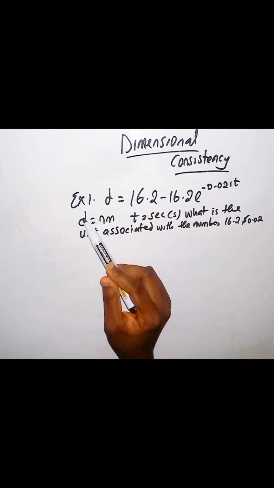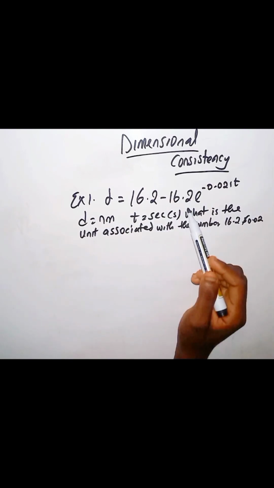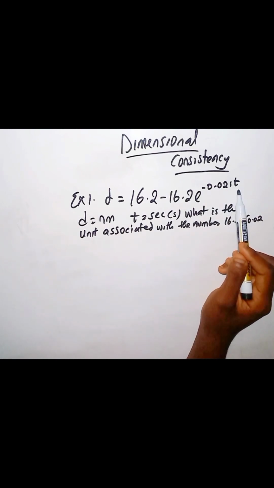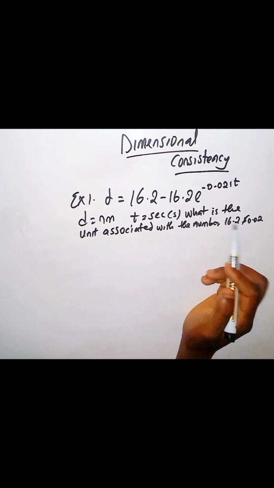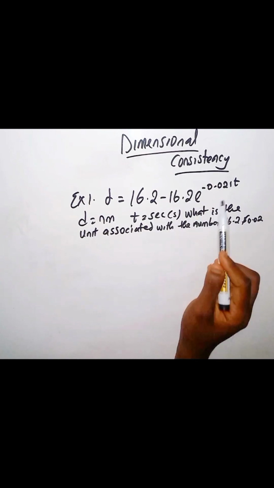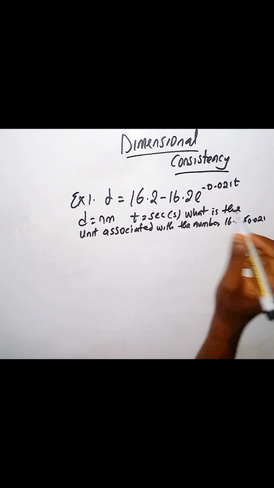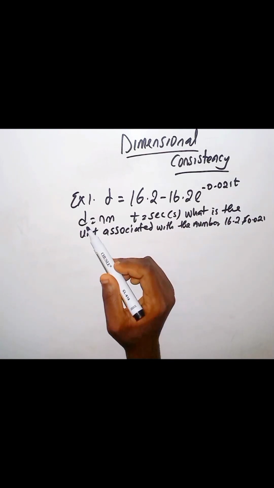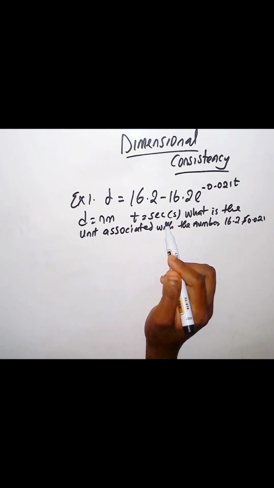So our first example is D is equal to 16.2 times 1 minus e to the power of minus 0.021 t. We are asked to determine the unit of 16.2 and the unit of 0.021. We know that the unit for D is nanometers, and t is measured in seconds.